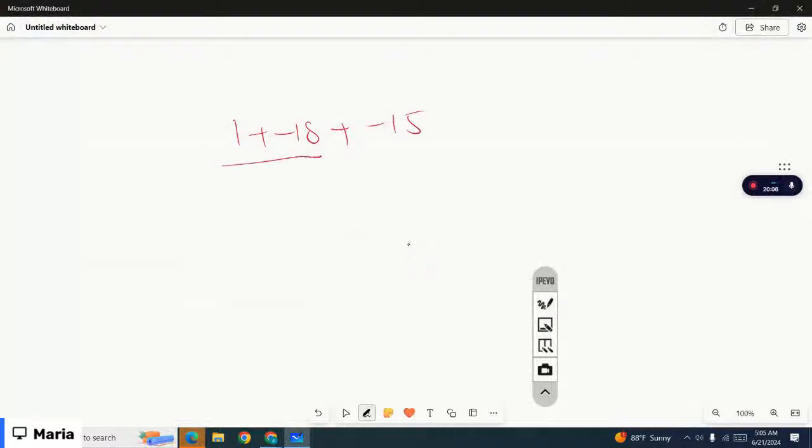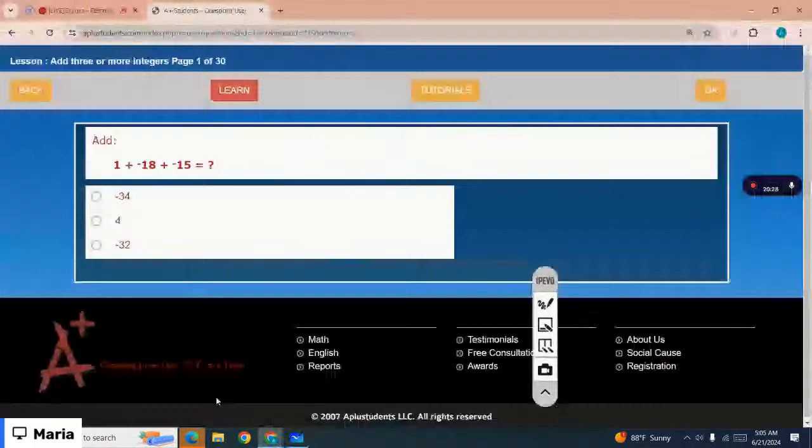So just make a pair of the numbers, right? 1 plus negative 18 is negative 17, right? Now you have two negative numbers, just add them and put the negative sign. 17 and 15 is 32, so negative 32 it is. The correct option is negative 32, right? Option number 3 is the correct option.